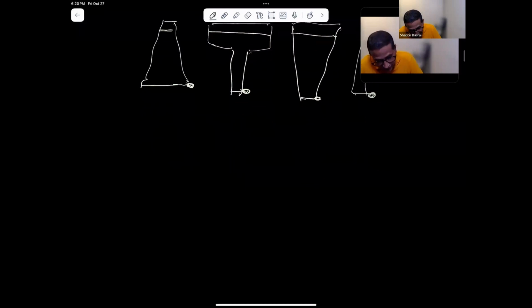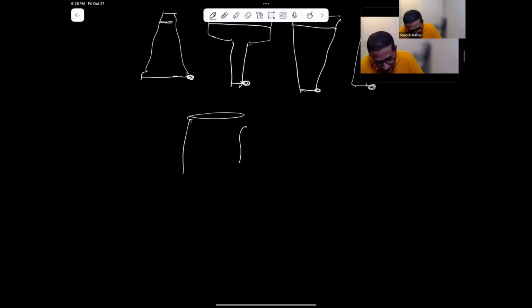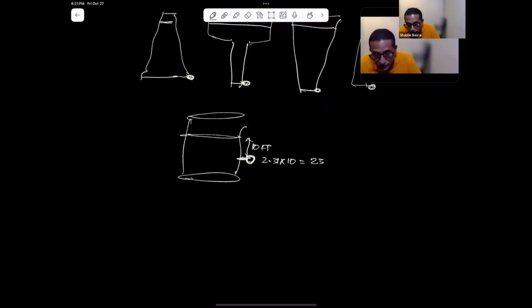So suppose I have a certain tank again, and this tank is filled with water up to this particular height, and this is 10 feet of water height at this point. If I put a pressure gauge here, this pressure gauge is going to measure 2.31 times 10, which is 23.1 psi.